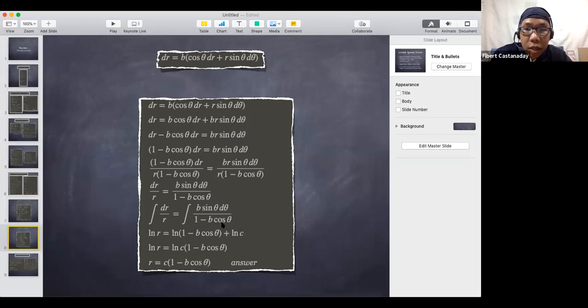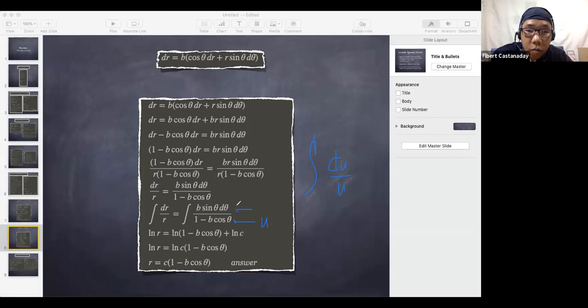Okay, so we will use the logarithmic formula, the integral of du over u. So our u here is this expression. This is our u, and this will be du.